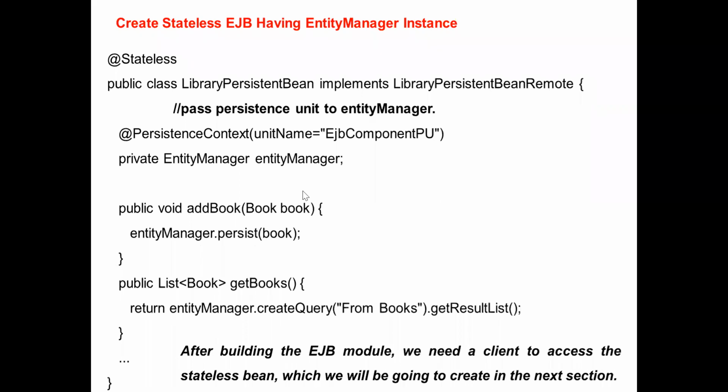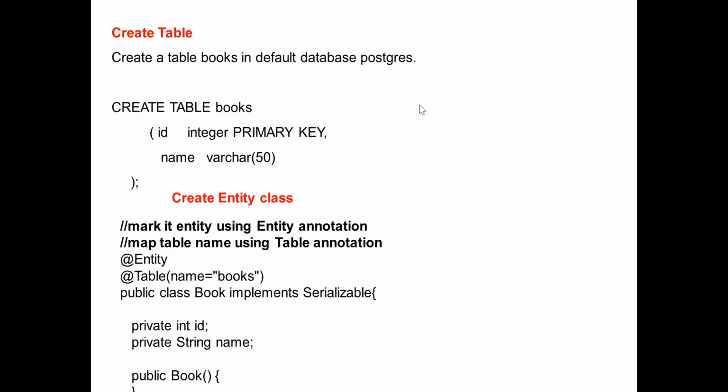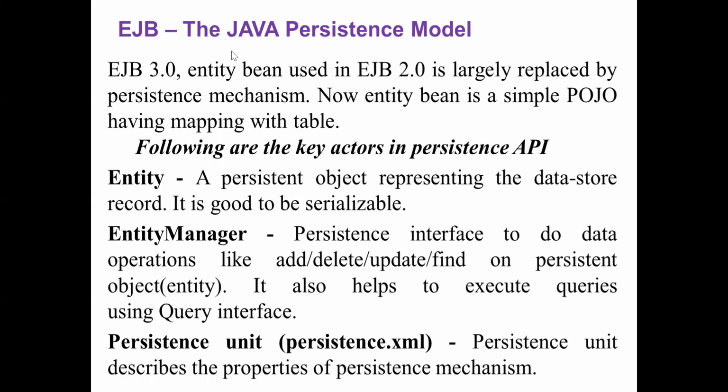We have to create the stateless EJB having entity manager instance. After building the EJB model, we need a client to access the stateless bean, which will be created in the next session. So this is the use of the EJB, the Java persistency model.